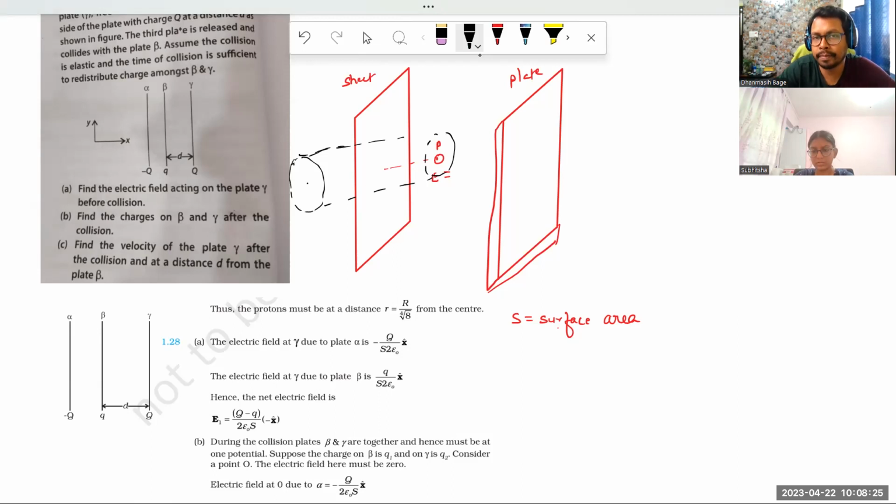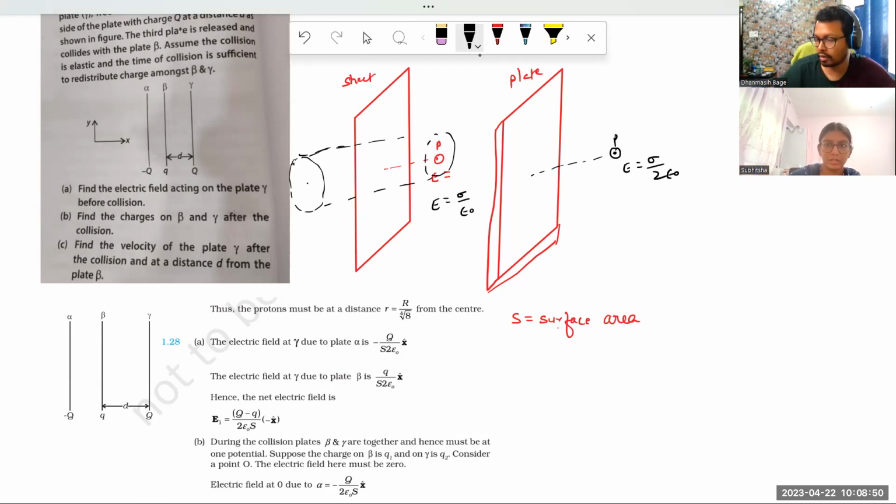Do you remember this formula? Electric field is equal to sigma by epsilon naught. Yes, sir. And for the plate, at any point P, the electric field is equal to sigma by 2 epsilon naught.